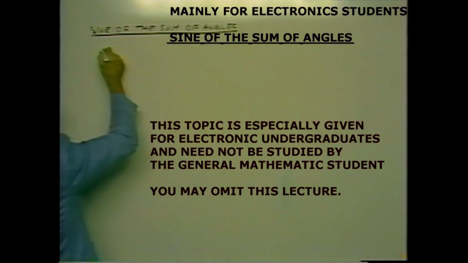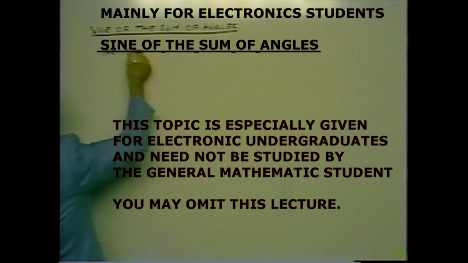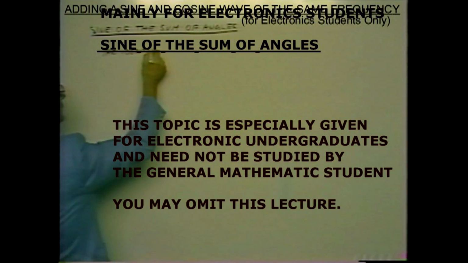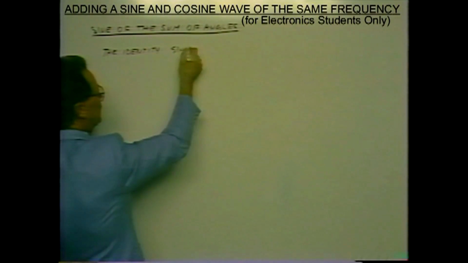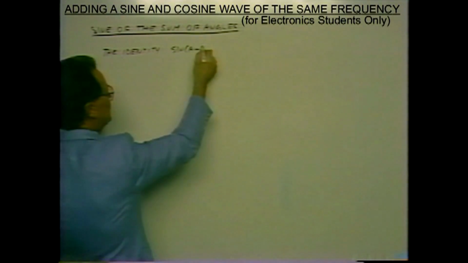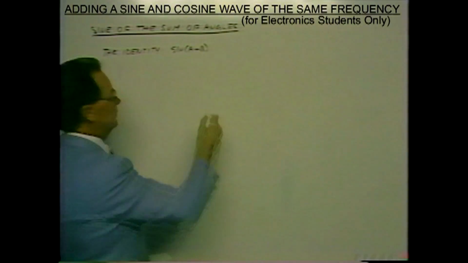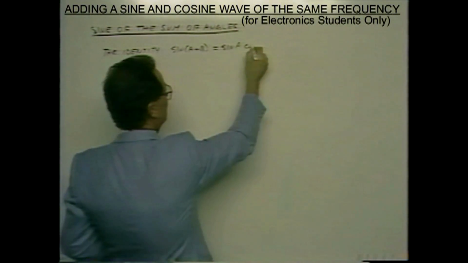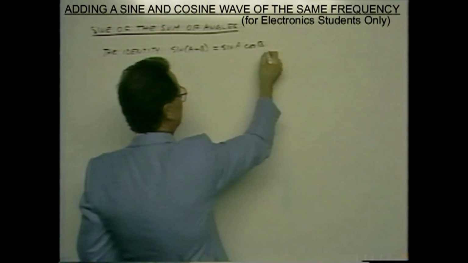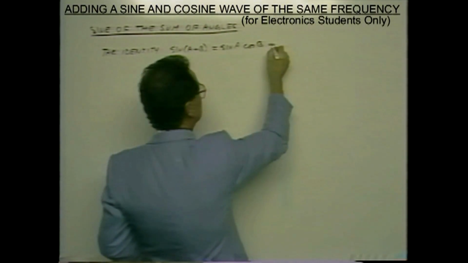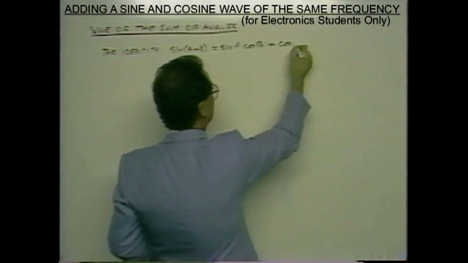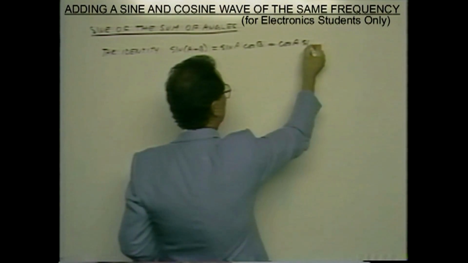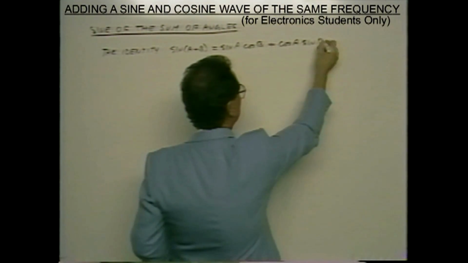First of all, the identity: sine of a plus b is equal to the sine of a cos b plus cos of a sine of b.